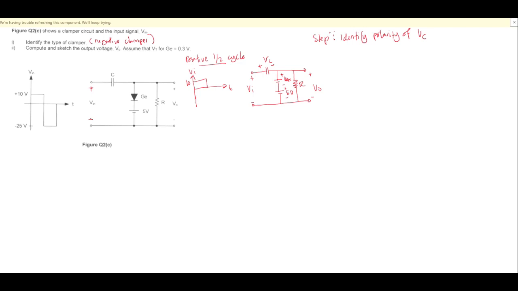The next step is step number 2. You need to find the output voltage using Kirchhoff voltage law at the output side. Output side kat mana? Output side, dekat sini lah, area Vout ni.